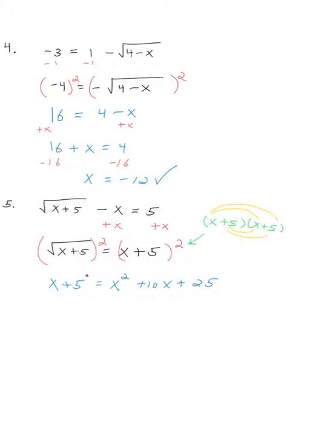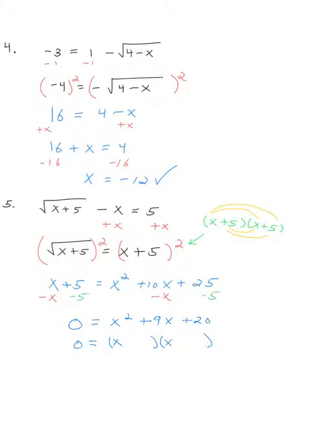Our approach is going to be make this side equal 0. I'm going to do this by subtracting x and also subtracting 5. The equation becomes 0 is equal to x squared plus 9x plus 20. And I claim we can factor this thing.